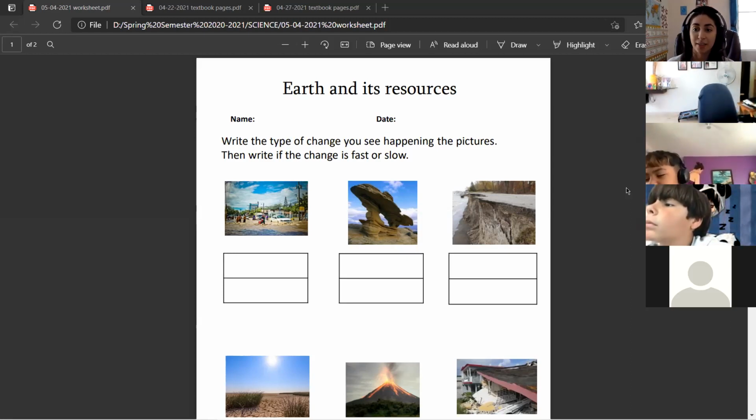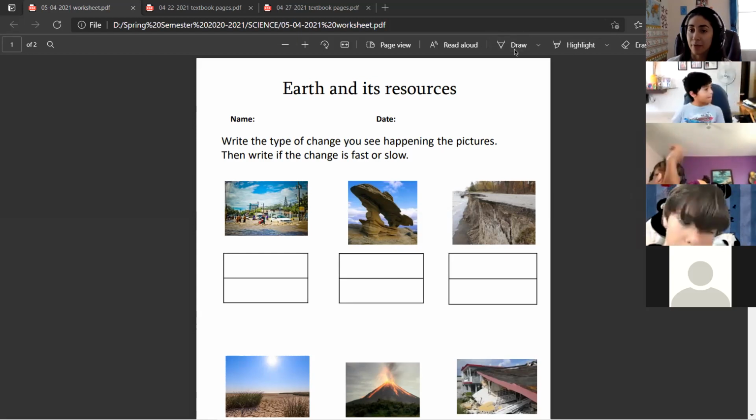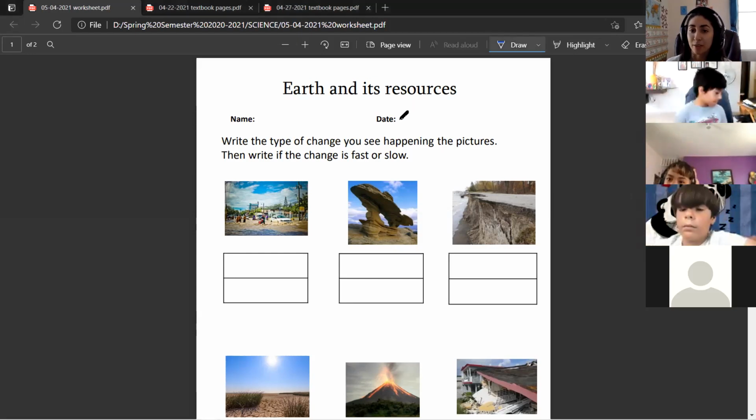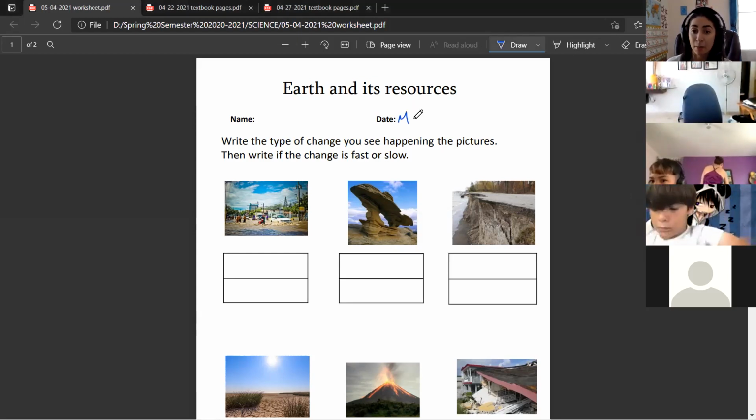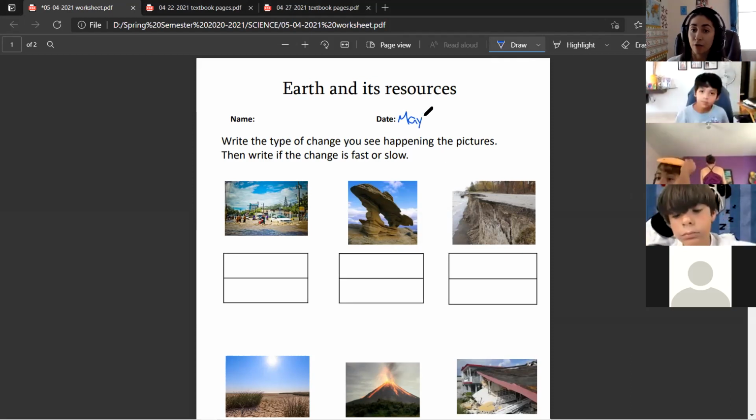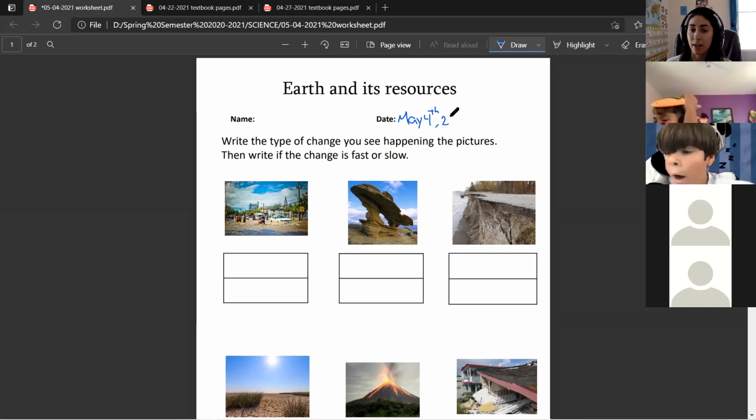Ms. Salazar, what is the page? Dwayne, it's a worksheet. I'm sharing the worksheet. So today's date is May 4th, 2021. That is today's date.